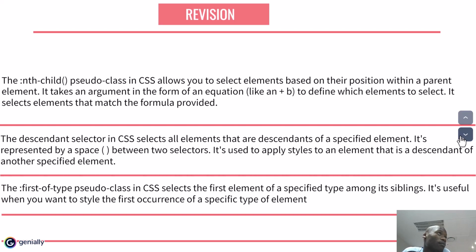But there isn't just one formula. It depends on the one that you feel comfortable with. Hence I said, go home and do thorough research on the formula so that you can see which one fits for you. Because we even saw that we have odd, or you can just use plain integers, so that you can specify the order of the element or the children that you want to be styled.